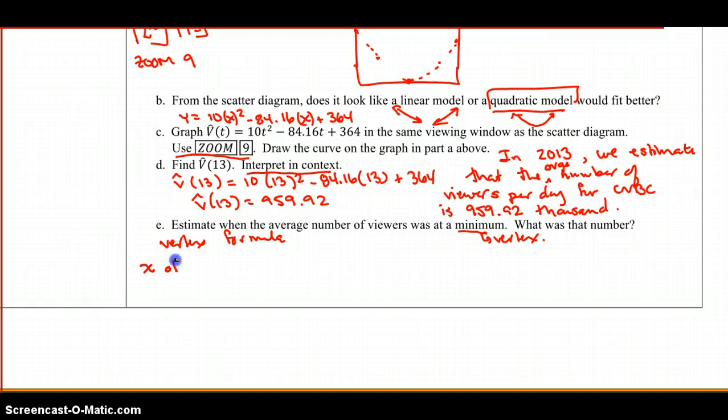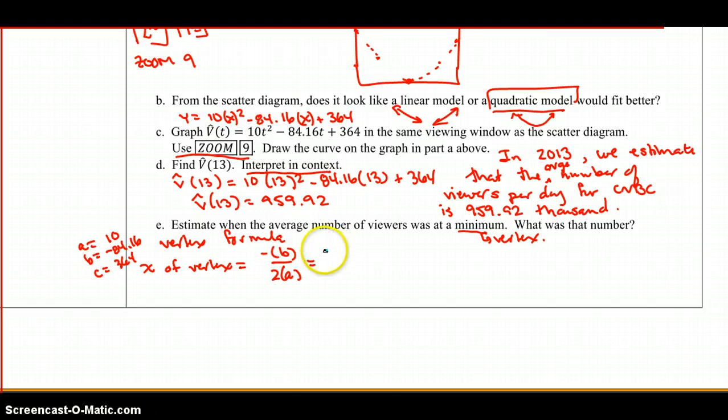So the x-coordinate of the vertex is the opposite of b over 2a. So let's see, for this one, our a was 10, and b was equal to negative 84.16, the coefficient on x squared, the coefficient on x, and our constant term was 364.